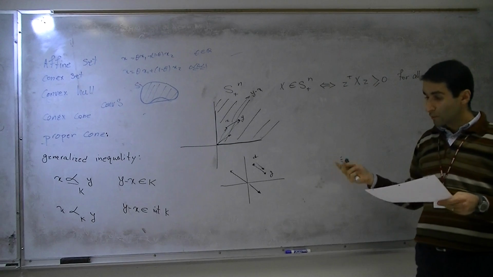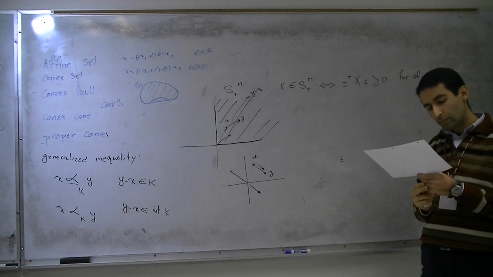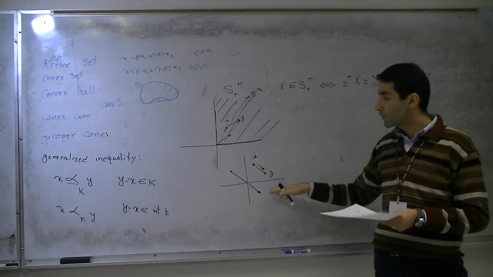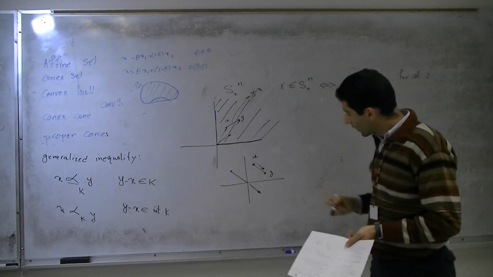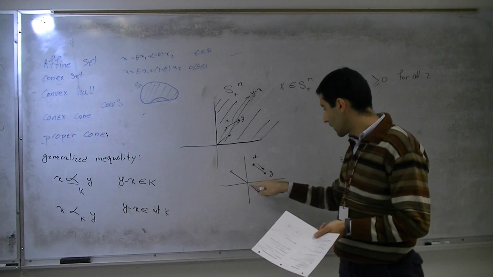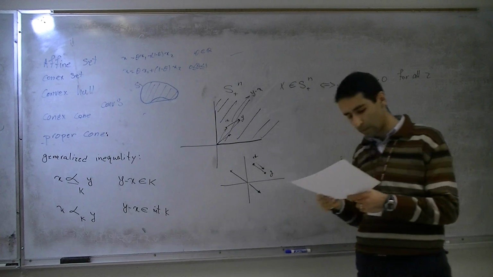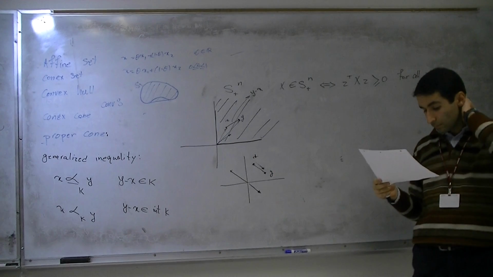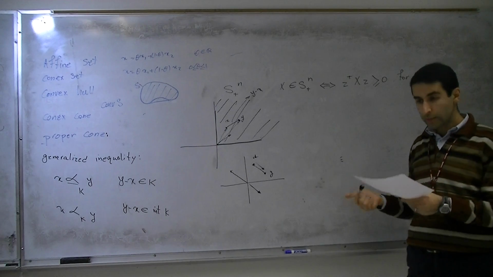We can define this one as a component-wise inequality. For example, in the x direction, which one is less than the other, and in the y direction, which one is less than the other. And there are some properties.